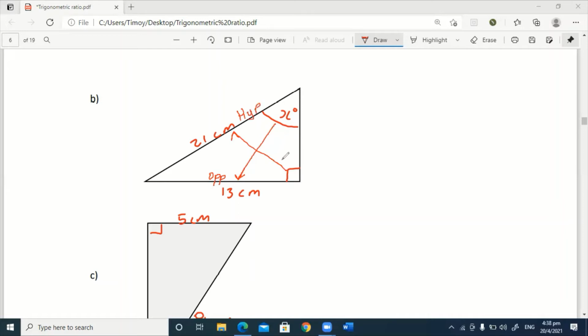And again, the most suitable ratio is going to be the sine ratio, because sine theta is equal to the opposite length divided by the hypotenuse length.